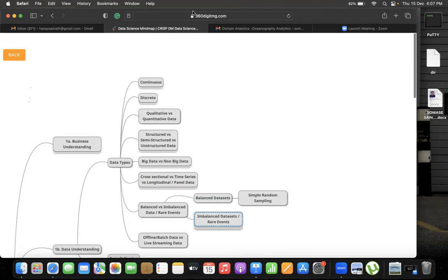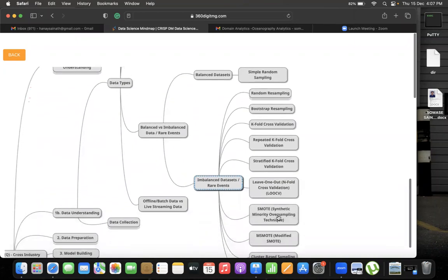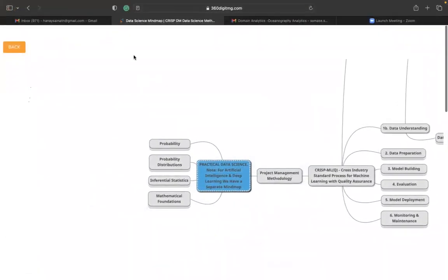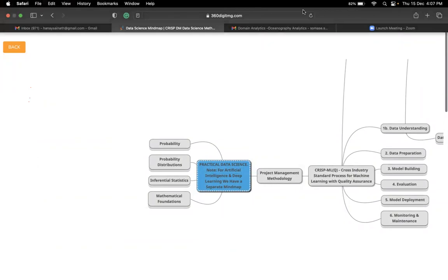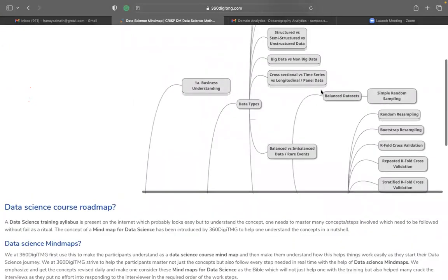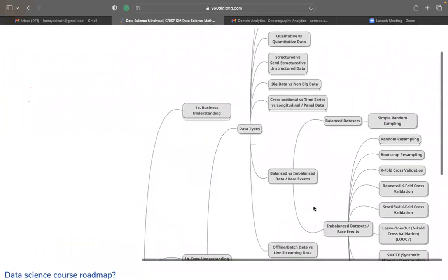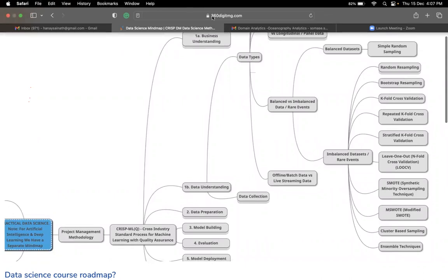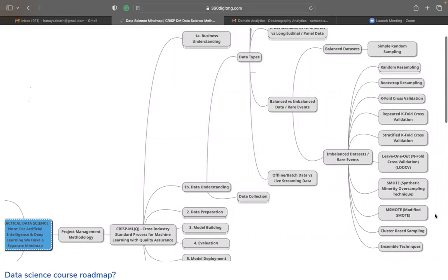In the balanced case, we use simple random sampling. So this was imbalanced data.